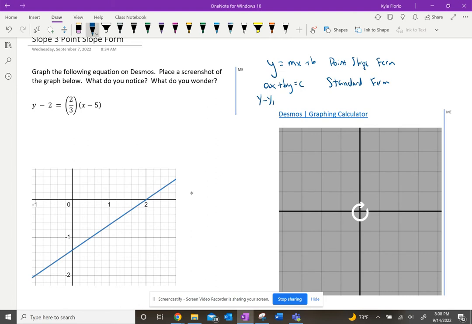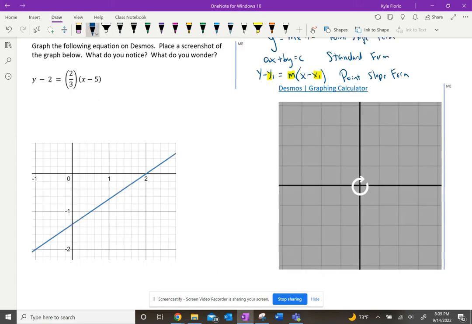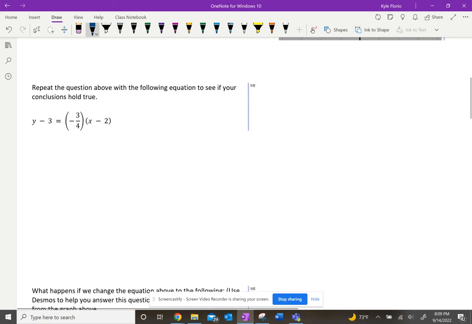So this is point-slope form. You're given a point, and that goes right here, and you're given the slope, then all you need to do is plug it into that formula, and you're done.